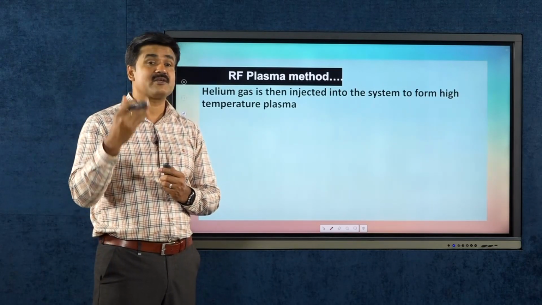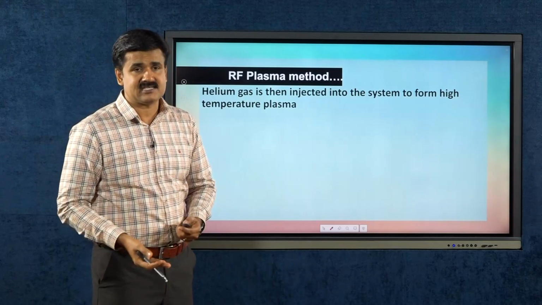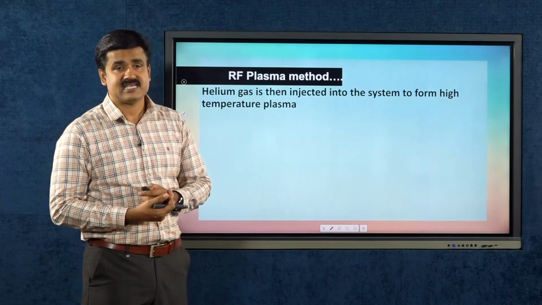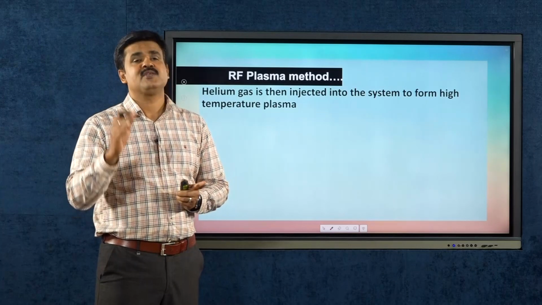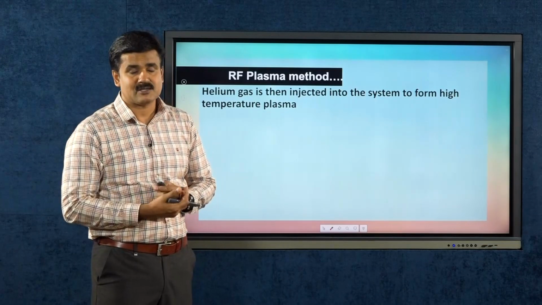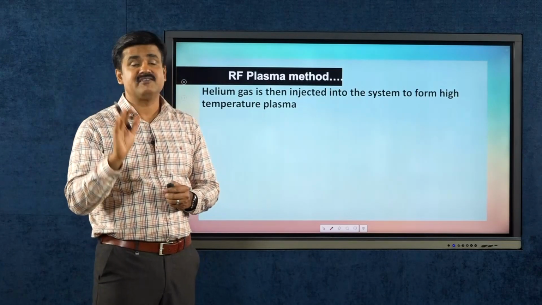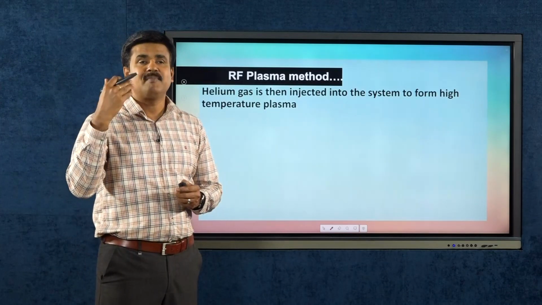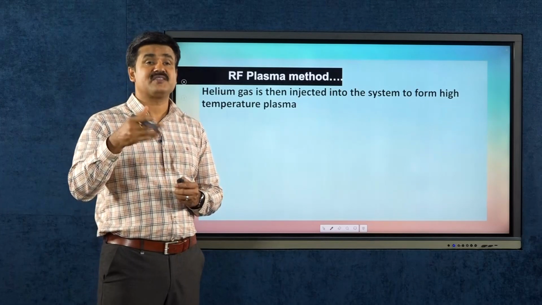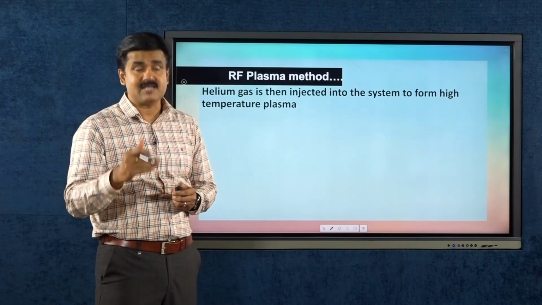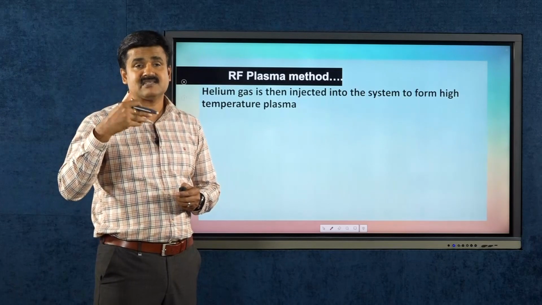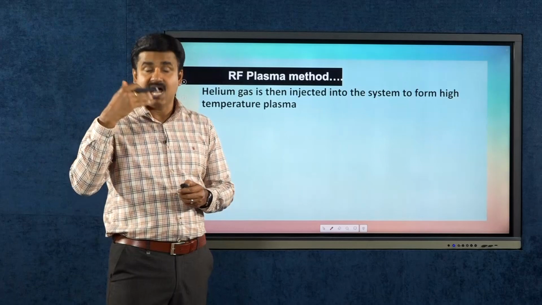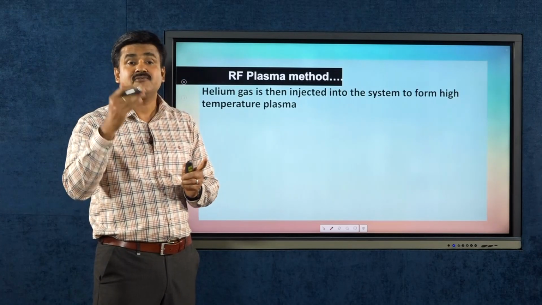You are using radio frequency coils to generate the heat, but plasma is obtained by the ionization of the noble gas helium. So, inside a chamber, you heat by using radio frequency coils. The chamber is already filled with helium. That leads to the generation of the plasma. So, the complete evaporation of the metal taken inside the chamber happens with the aid of plasma. Plasma is generated with the help of RF coils, hence the name RF plasma method.